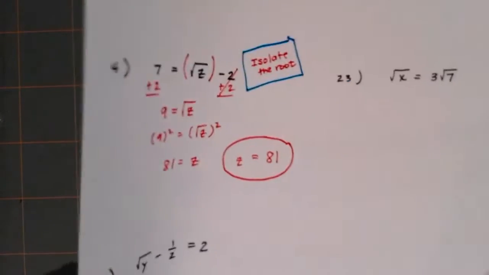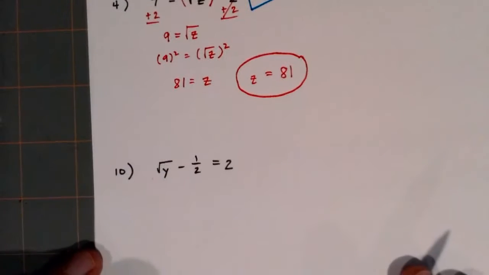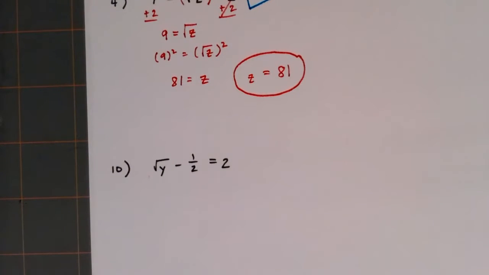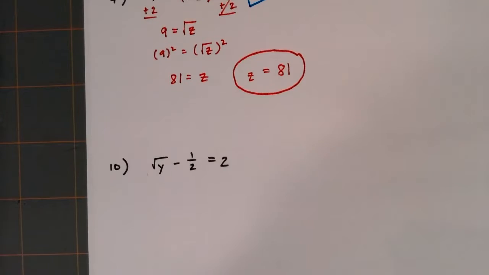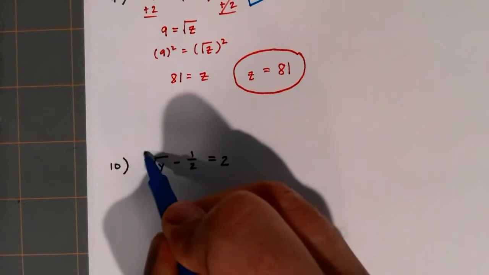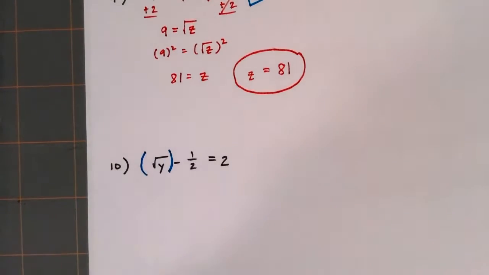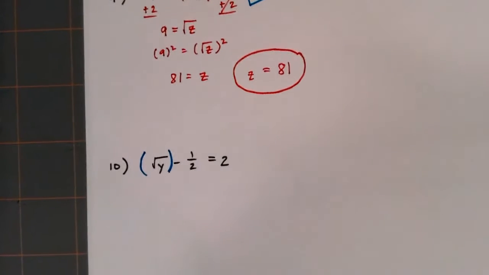Now, there are 2 here that are misleadingly maybe hard. So here, the thing that's hard is a fraction. I have root y minus 1/2 equals 2. Again, I have to isolate this radical. I want to take that crazy free-forming radical y and get it all by its lonesome.